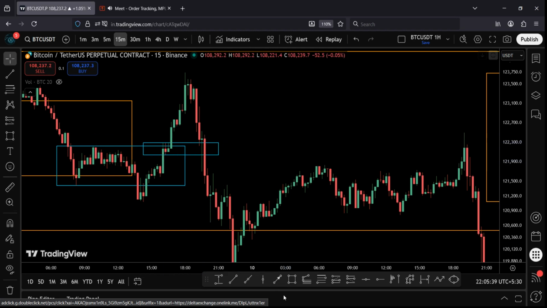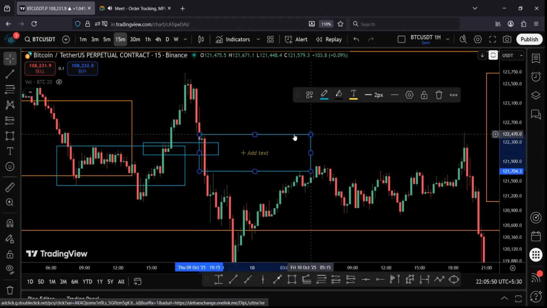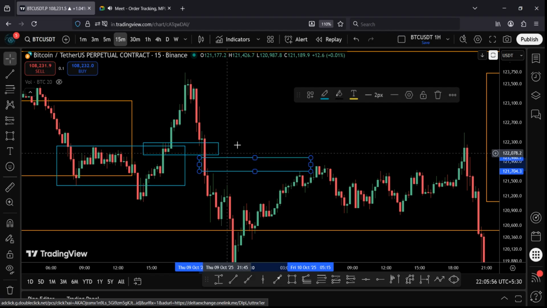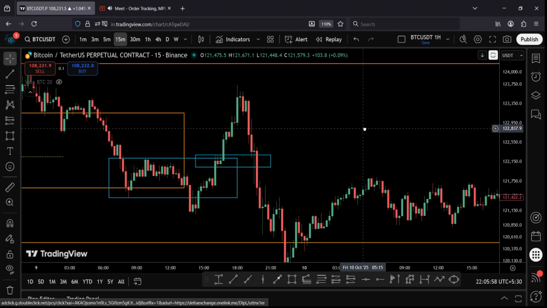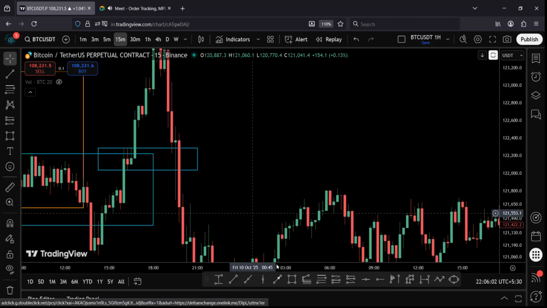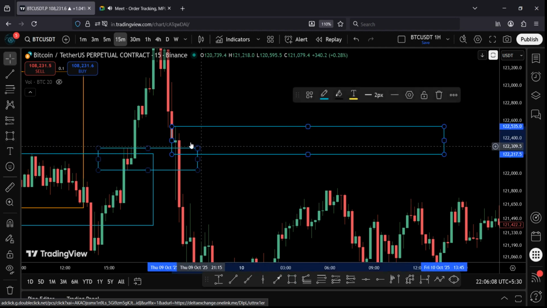Do you see the pullback? This candle. If you look at here, with the logic of DP and FTR, this is our DP, right?